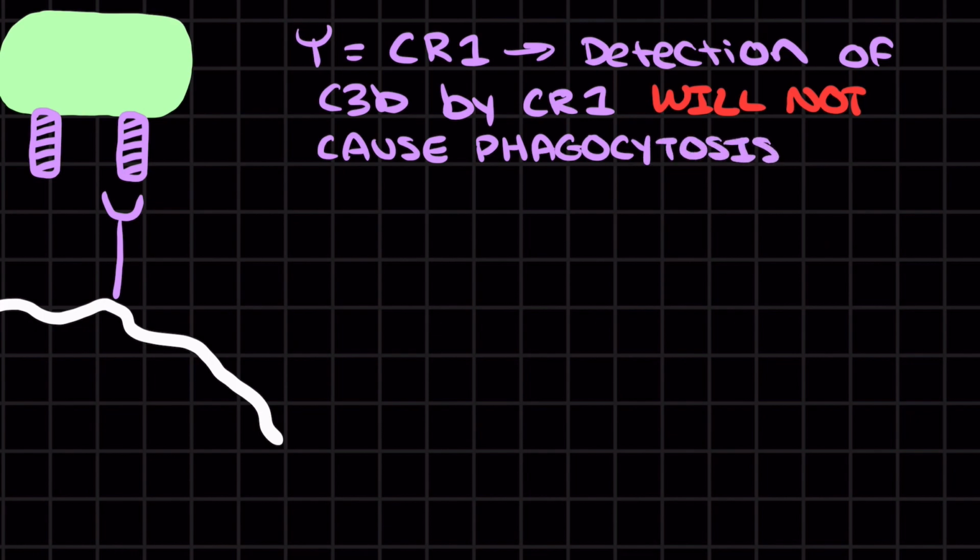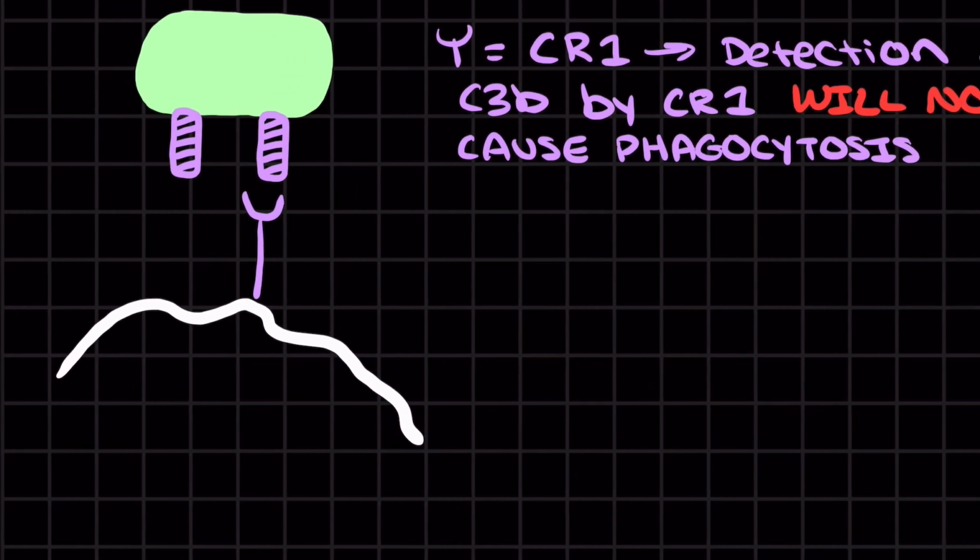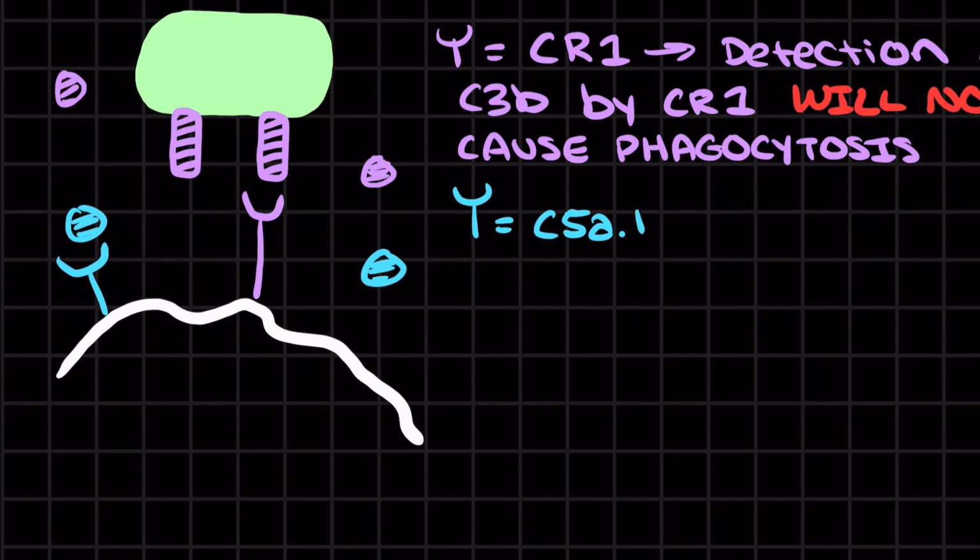As we said, we need a dual authenticator, and in the case of the complement system, that's going to be the small fragments of our complement proteins, that being C3a, and the new one we mentioned today, C5a. And we're going to focus in specifically on C5a because there's a receptor on the surfaces of macrophages, and I'm going to draw it here, this receptor is known as C5a R1.